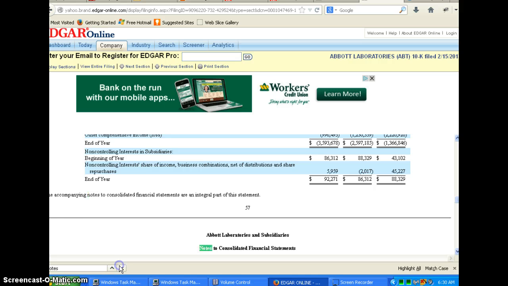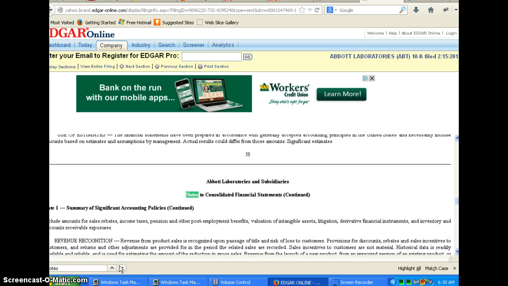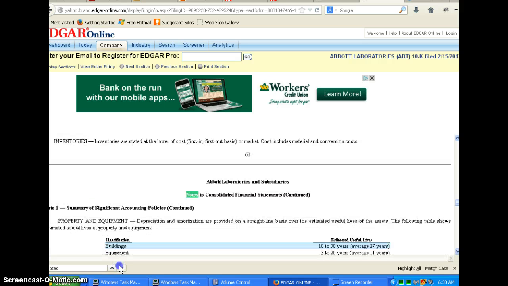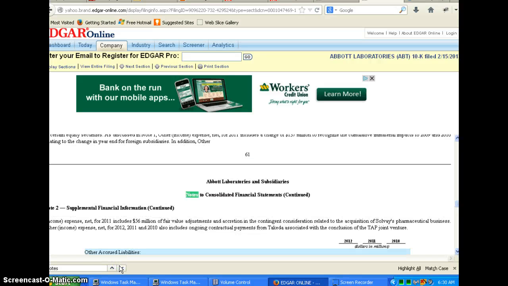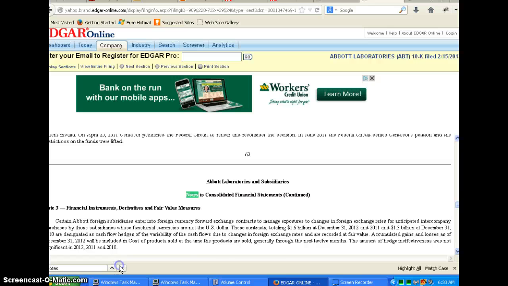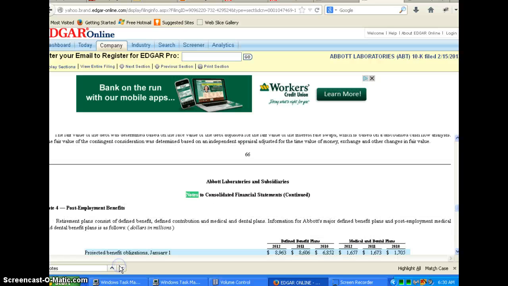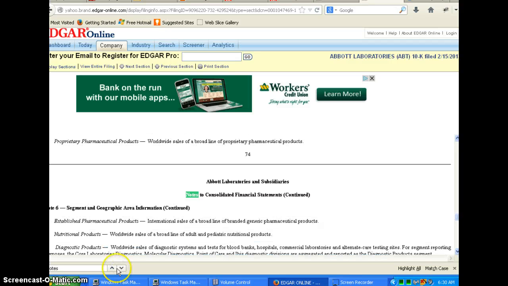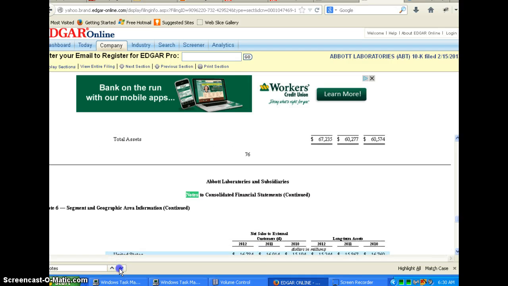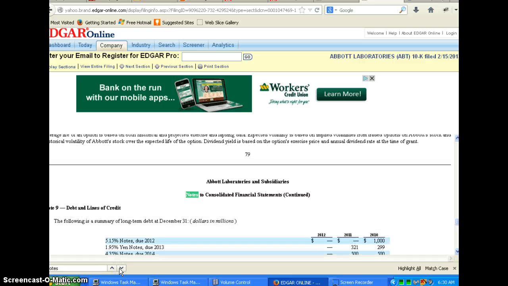And we are going to go into, here it is, note number 9 for Abbott Labs.